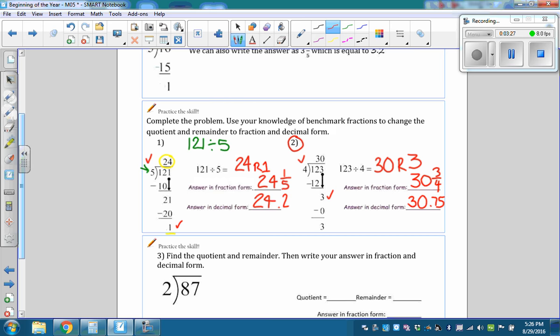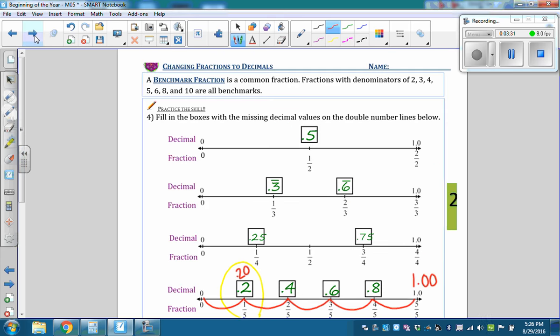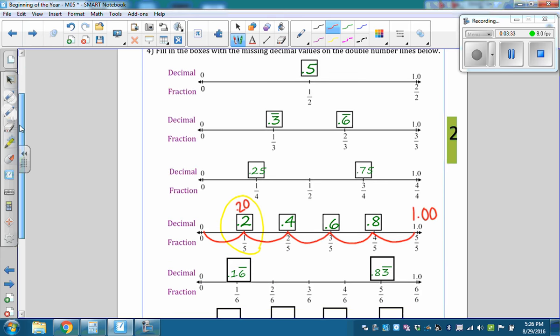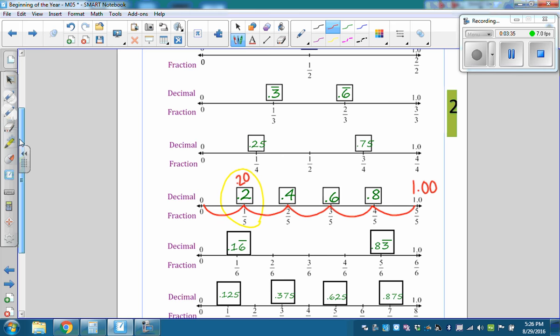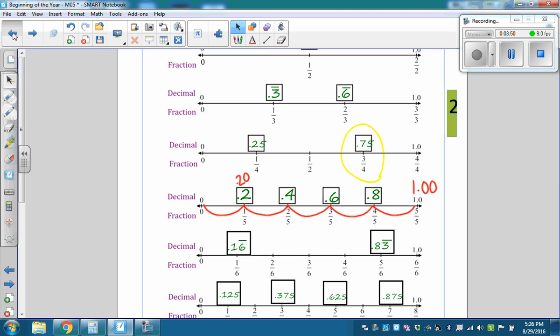So you could go right to decimal form. But if you don't, pull out your benchmark fraction chart and look for fourths. And right here, we have 1/4 is 0.25 and 3/4 is 0.75. Because 3/4 is like 75 cents.